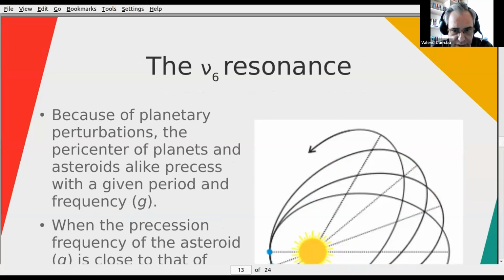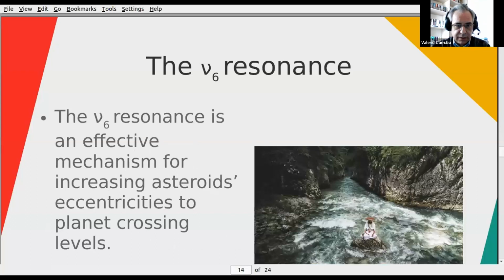So this has a period, which is a period of precession, and the inverse of this period is a frequency, which is called the precession frequency of the pericenter. If the precession frequency of the asteroid is close to that of a planet, you have what is called a linear secular resonance. And the nu-6 resonance, which is the g-g6 resonance, is one of the most powerful secular resonances in the main belt.